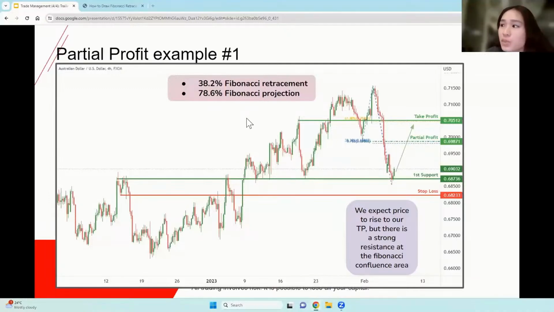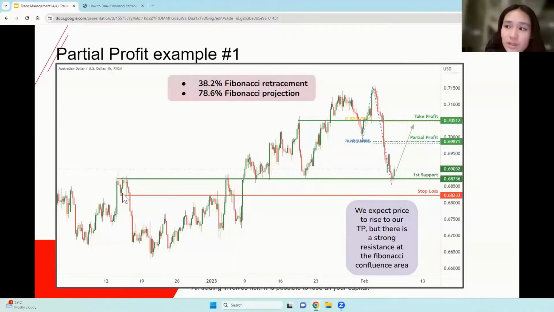In this example, we are going in for a buy entry at our first support level, which is at the 0.68736 level. Our stop loss is placed slightly below that at an overlap support level.